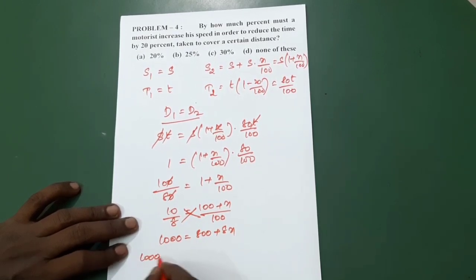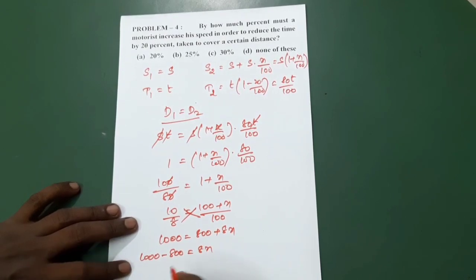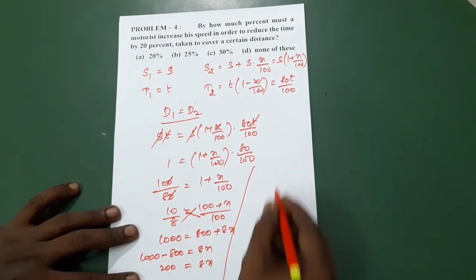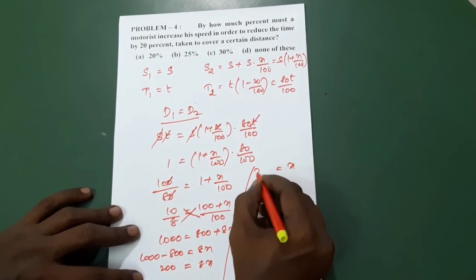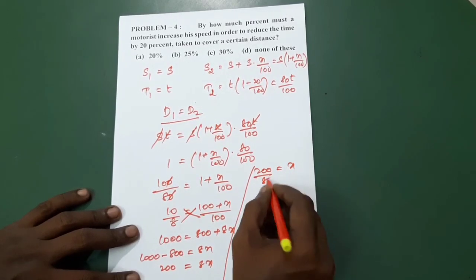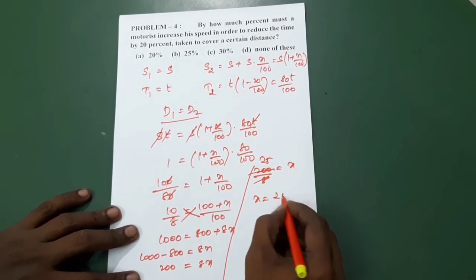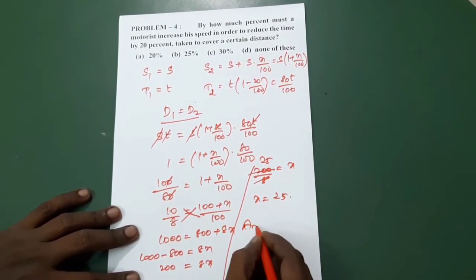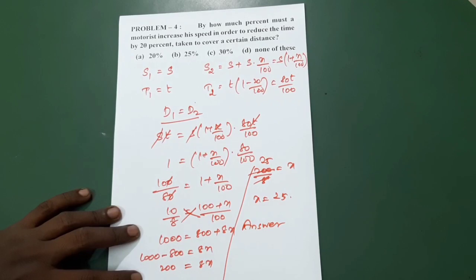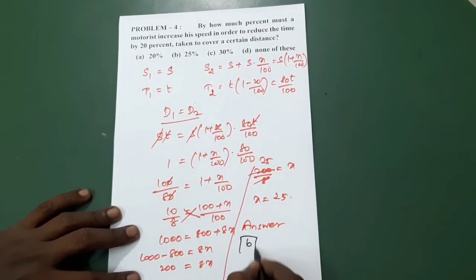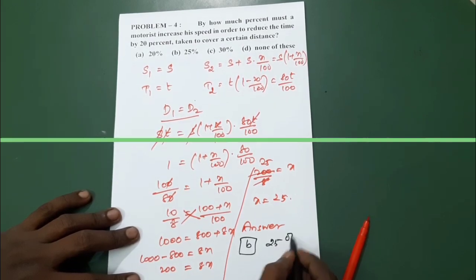So 1000 minus 800 is equal to 8x. 200 is equal to 8x. So x is equal to 200 over 8, which is 25. So x is equal to 25%, therefore the answer is B, 25%.